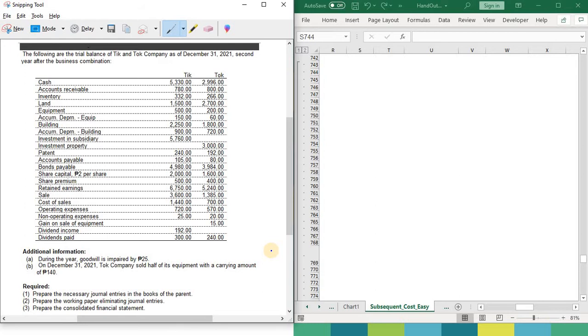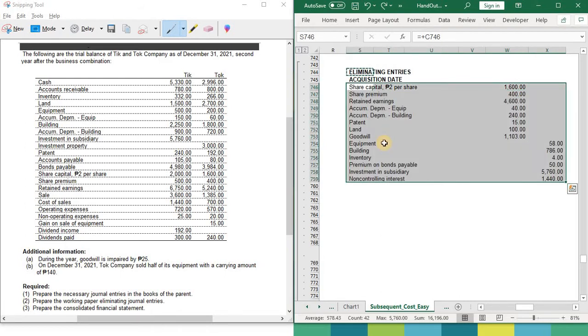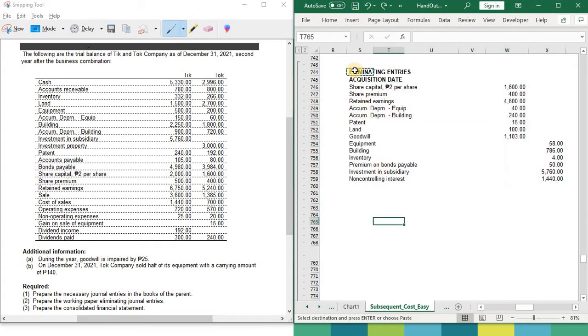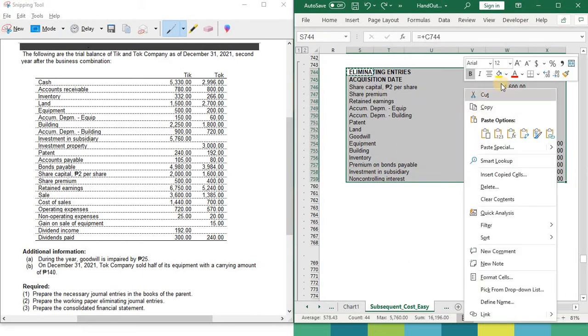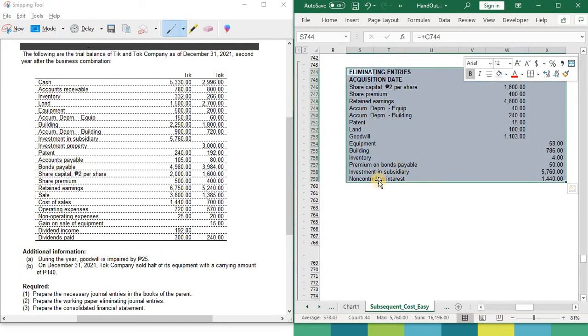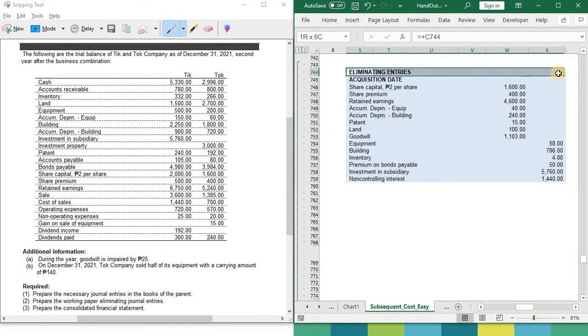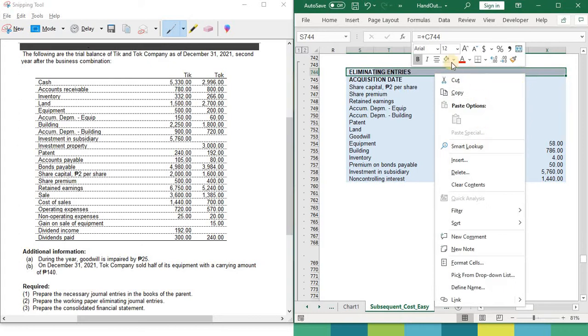Let's start with the very first eliminating entry that we did, which is the eliminating entry at acquisition date. If you remember, the eliminating entries at acquisition date are the entries to eliminate the shareholders' equity accounts of the subsidiary, adjust the overvaluation and undervaluation of the subsidiary's net assets, recognize goodwill, eliminate the investment in subsidiary account, and recognize the non-controlling interests, which is carried at fair value.